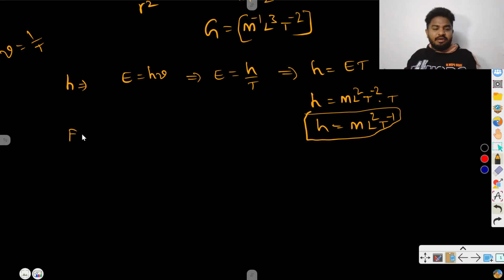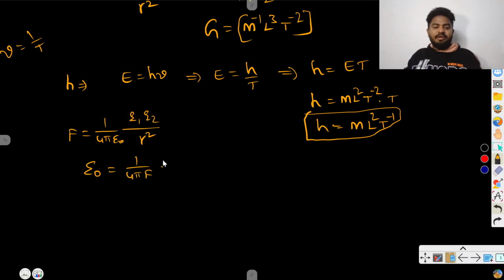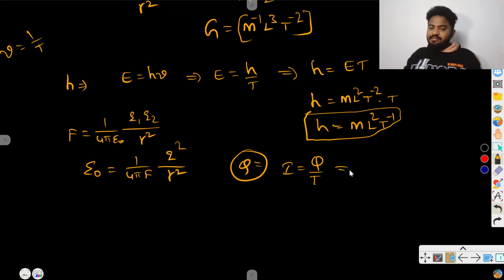The electrostatic force is 1/(4 pi epsilon naught) q1 q2 / r^2. So epsilon naught = 1/(4 pi F) into q^2 / r^2. Here you should remember the dimensional formula for charge. If you take current, I = q/t, so from this, q = I into t.